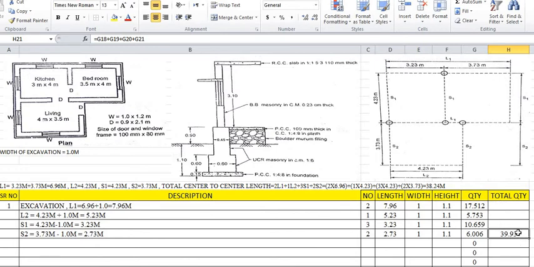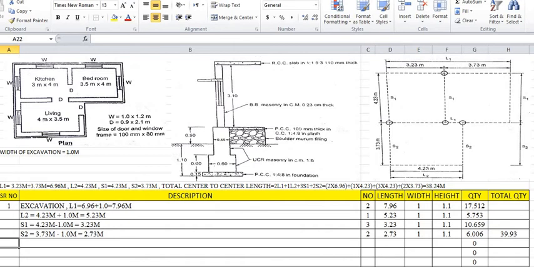That means this is the total quantity of earthwork along long wall and short wall: 39.93 meter cube. That is the total quantity of earthwork in excavations.